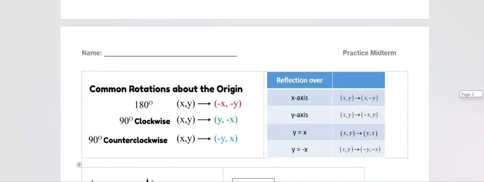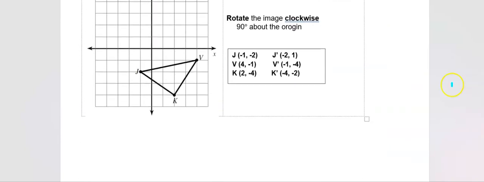That's our xy point. Now, if I'm going to follow this table again for 90 degrees clockwise, it's telling me to write the value of y first, and then whatever x is, make it the opposite. So if you look, for the y, I have a -2. For this y here, it's a -1. For this y, it's a -4. So I wrote the y's first.